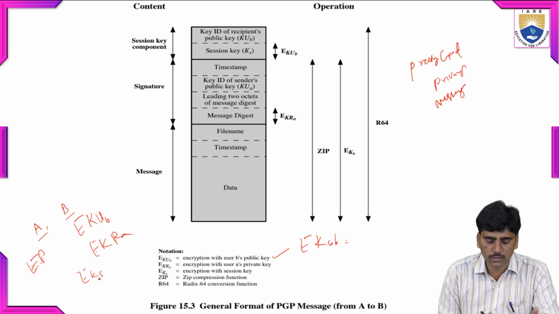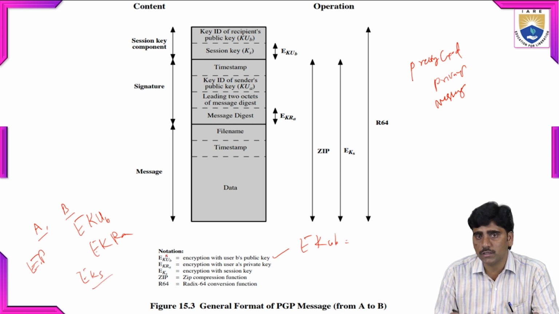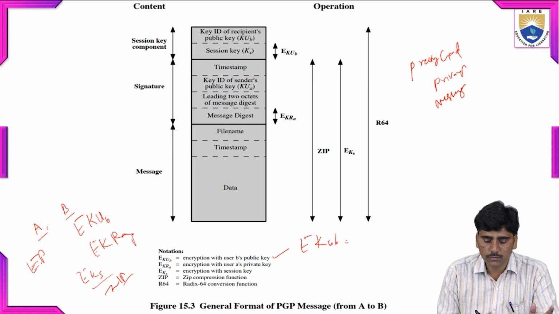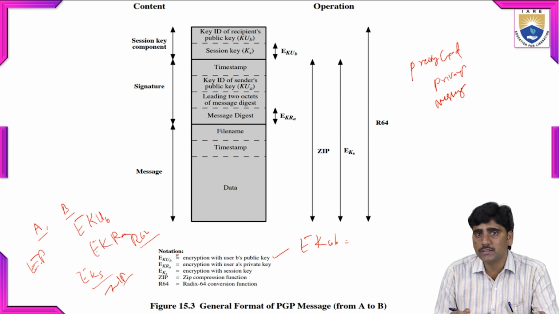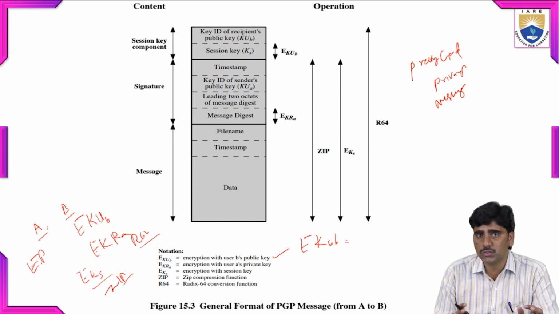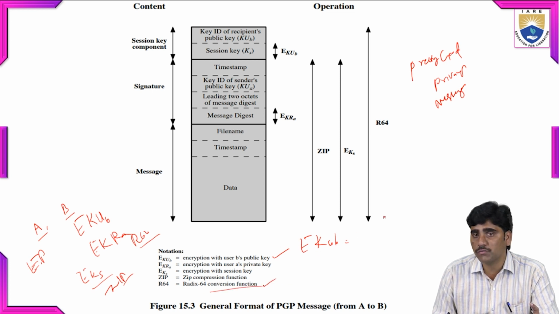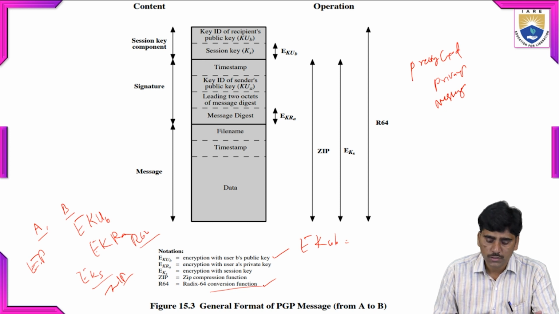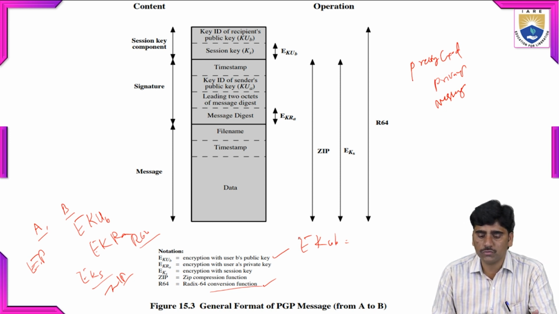ZIP is the compression function, and R64 is the radix 64 conversion function. To divide the message into blocks, we use this radix 64 conversion function. So these are the notations that we use here.